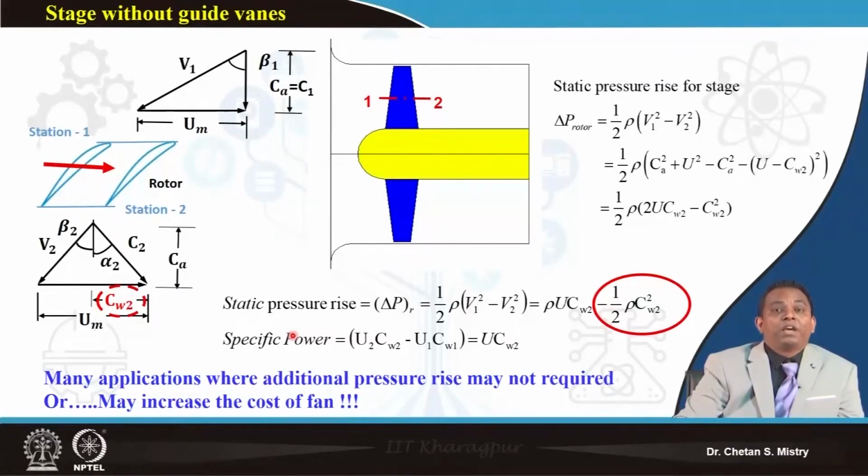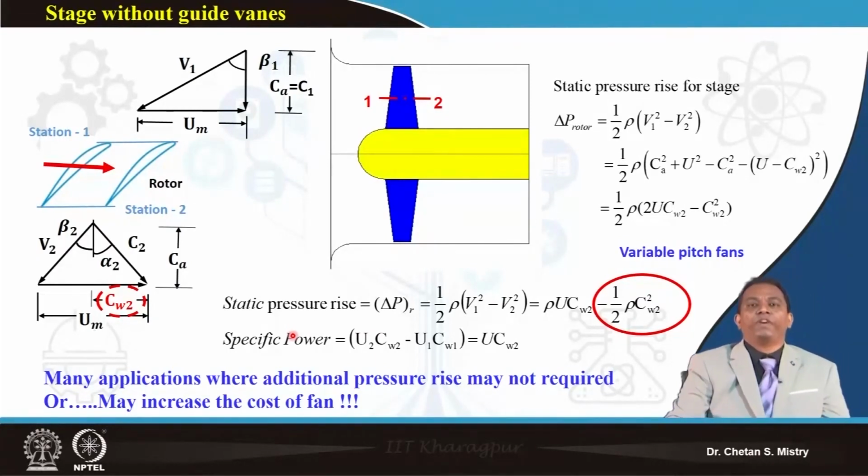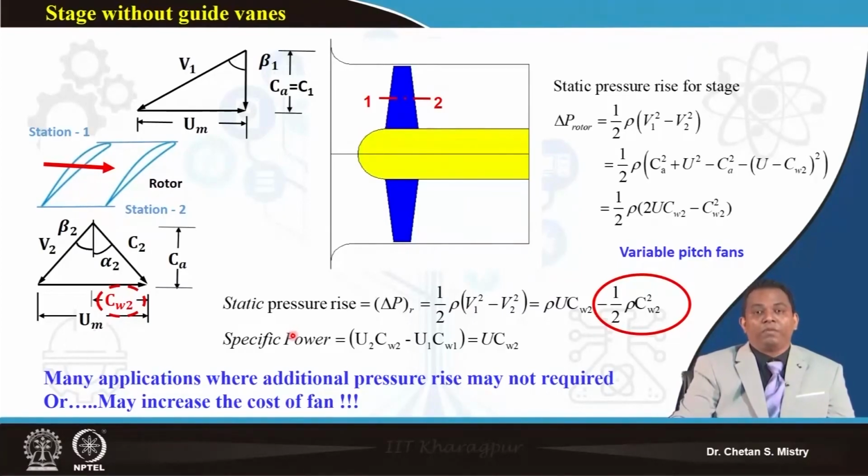These days people are working on another configuration, called the variable pitch fan. This variable pitch fan is not a new concept, people have already explored it. Many times, in order to change the flow through a wind tunnel, we used to change the angle of our blade so that we can increase or decrease the speed through the test section.